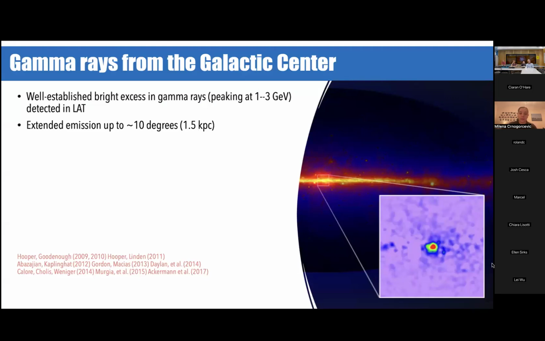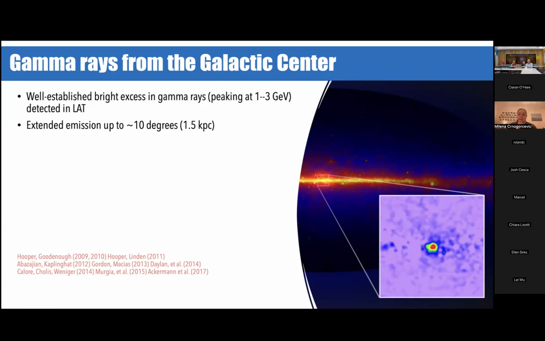So, as you may already know, the gamma ray excess coming from the galactic center is a well-established bright excess in gamma rays that peaks at around 1 to 3 GeV. It is well detected in LAT, and it was detected soon after LAT's launch in 2009, and then later reconfirmed many times in a number of different papers.